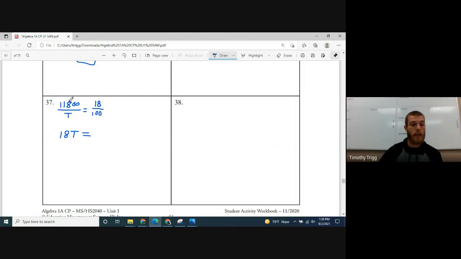And then 11,800 times 100 is 118, and I'm going to put 1, 2, 3, 4 zeros. Now solve for t. To get t by itself, we're going to divide by 18. That'll give us the total area of Florida.